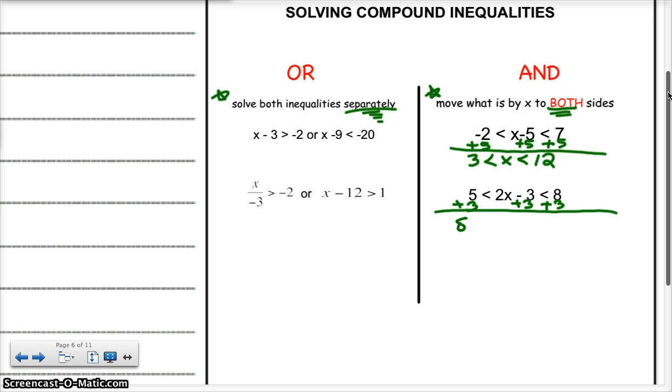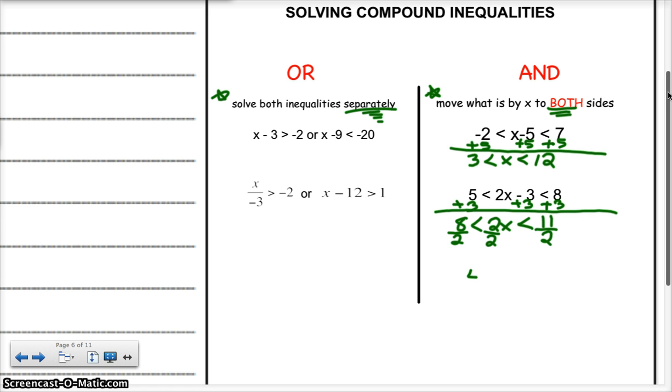Now I have 8 is less than 2x, which is less than 11. I picked a bad number. That's okay. I don't like to usually expose you guys to fractions in the first round, but it is what it is. Now, how do I move this 2? Divide. Well, I got to divide everything by 2 now.